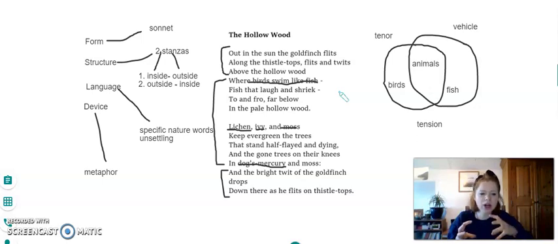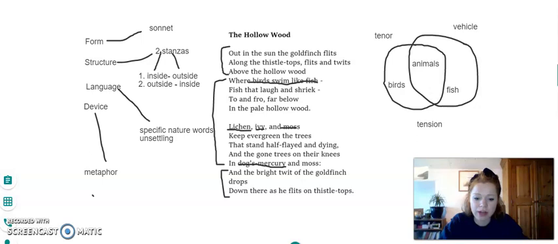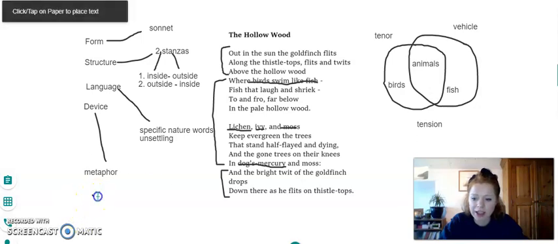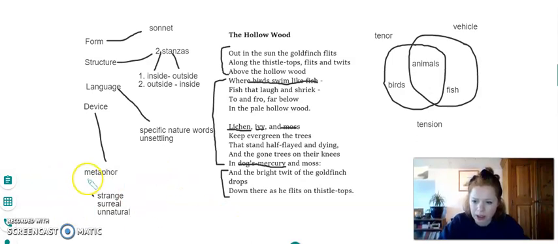There's something strange going on in this place. So the metaphor and the balance of how the tenor relates to the vehicle can help us understand and locate what the poet is doing and how the poet is creating an effect of strangeness. So the metaphor is strange, surreal, perhaps even unnatural. The birds swimming like fish, that's not normal, birds to swim. So we'll pop that there.